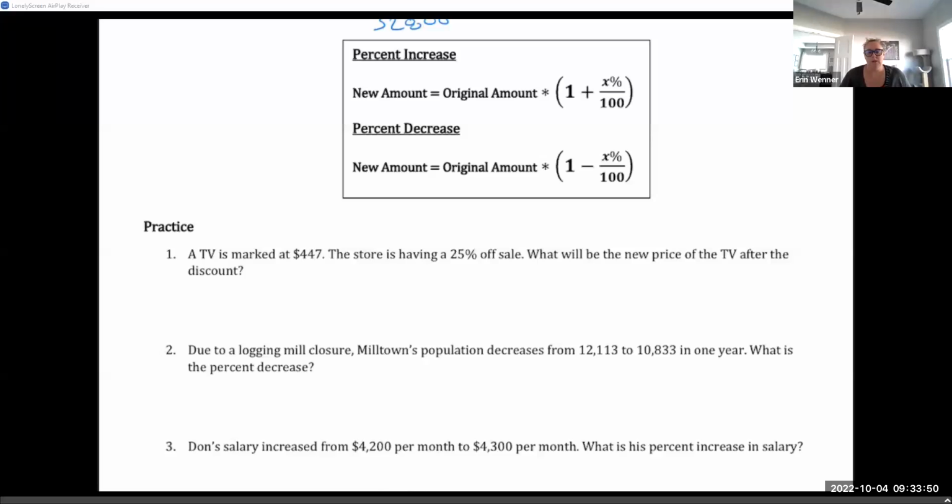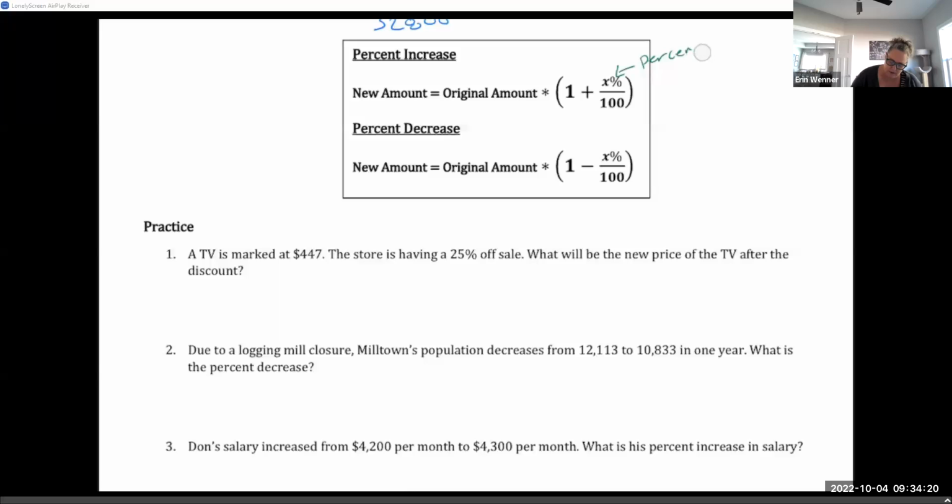So remember in 2E, we were talking about percent changes. And so now we're looking at percent increase and percent decrease. When we look at percent increase and percent decrease, I want you to see that we've got the new amount on the left-hand side, the original amount times 1 plus X percent, but this is just your percent amount.